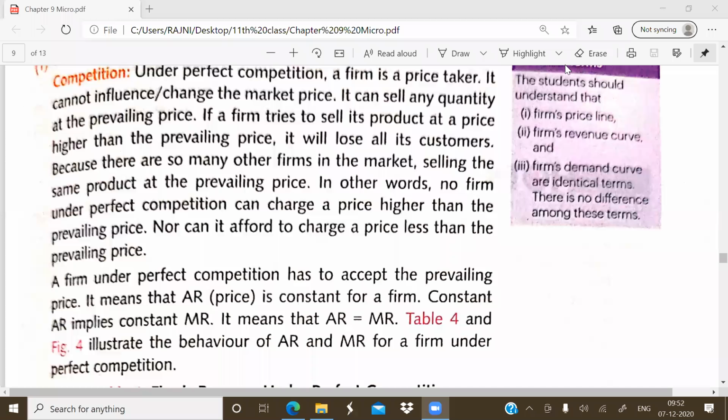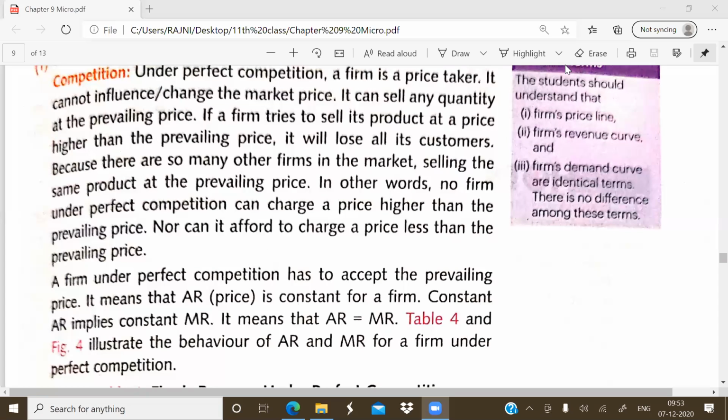सो इन केस ऑफ द परफेक्ट कंपटीशन, एक फर्म जो है वो अगर प्राइजेस को चेंज करने की कोशिश करे तो what will happen, it can sell any quantity, मतलब कुछ भी क्वांटिटी जो है वो एग्जिस्टिंग प्राइस पे सेल ऑफ कर सकती है. अगर वो हाई प्राइस पे सेल करने की कोशिश करेगी तो उसके सारे कस्टमर्स लूज हो जाएंगे. क्यों? क्योंकि ऑलरेडी मार्केट में उससे कम प्राइस है, और अगर वो कम प्राइस पे सेल करने की कोशिश करेगी तो वो उसको अफोर्ड नहीं कर पाएगी.